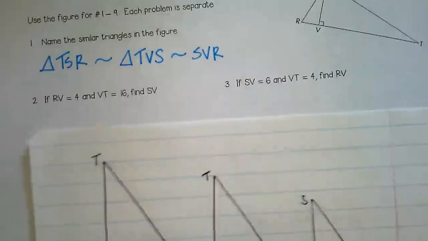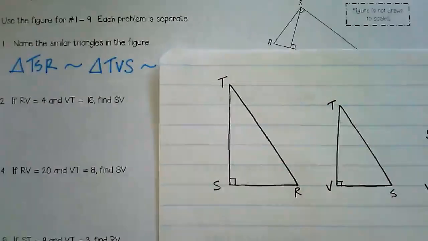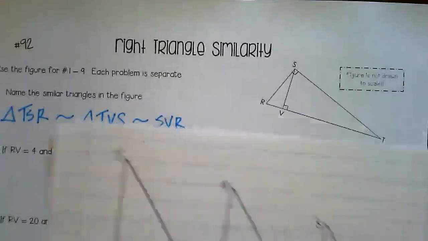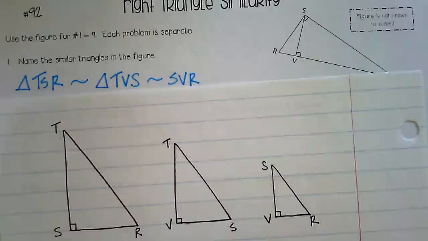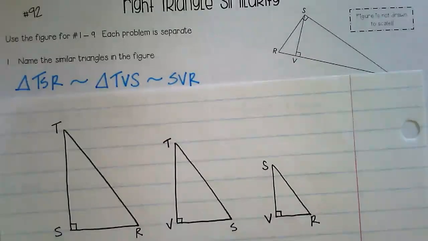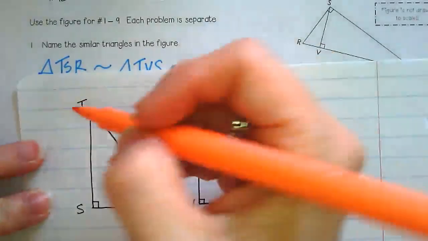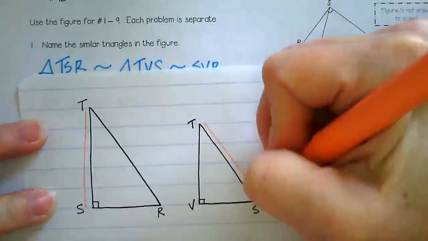All right, so here we go. Number 2 says that RV is 4 and VT is 16. Oh, wait, before I do that, hold on. I want to go back and highlight my matching sides. So I know that Papa Bear has 3 hypotenuses. Papa Bear's long leg is Mama Bear's hypotenuse.